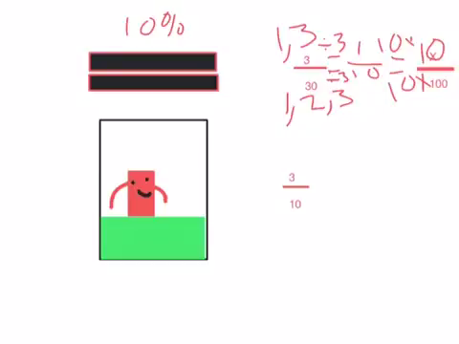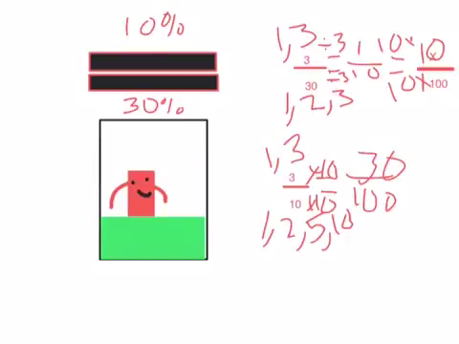Now it's your turn. You have to do the Minecraft game and find out what percentage it is on paper. Pause the video, and when you unpause it, I'll tell you the answer. If you got 30%, you are right.